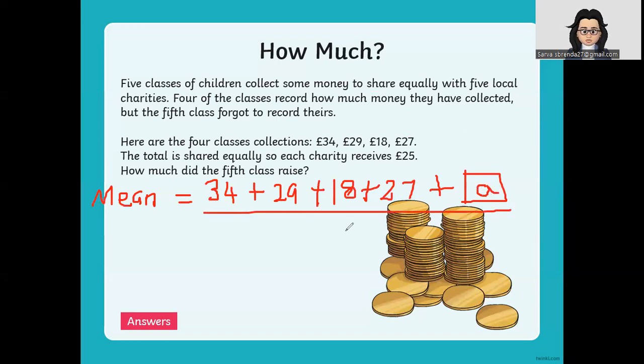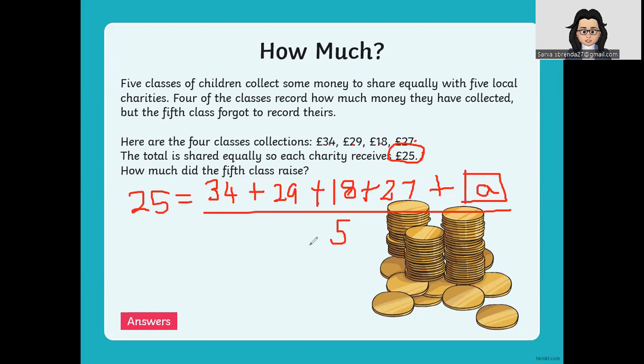And you're going to divide by 5 because there are 5 classes. And your answer is going to be 25. I can write my 25 right here at the spot of the mean itself. So this is my 25.